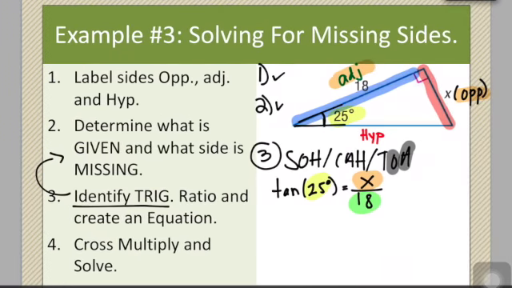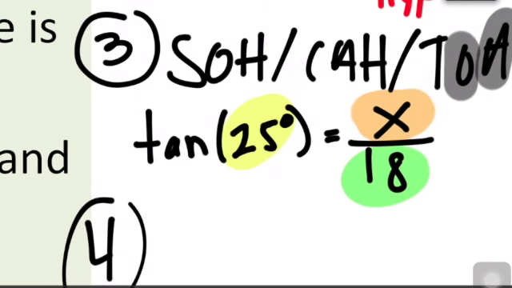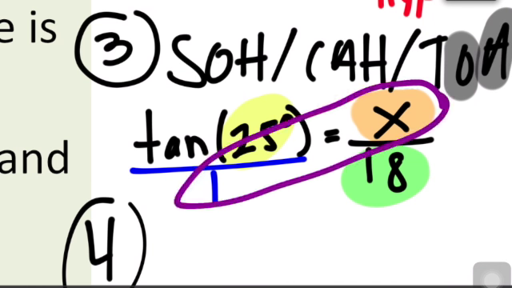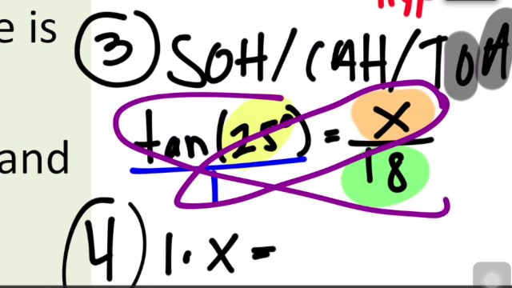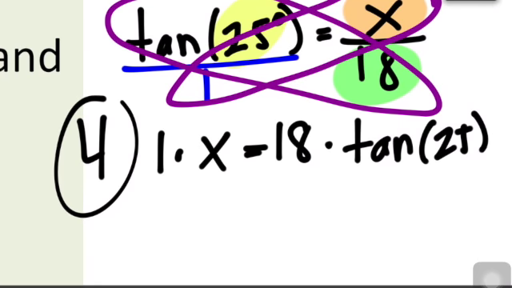Our next step, step 4, is to cross multiply and solve. I'm going to start by putting a 1 under my tangent. Then we cross multiply: 1 times x, and 18 times the tangent of 25. So 1 times x is just x.